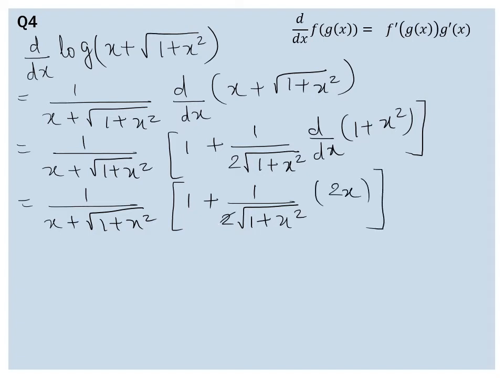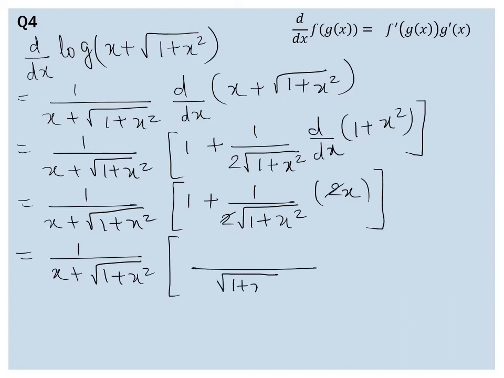So here itself this 2 will get cancelled and we'll have x upon root of 1 plus x square. So 1 upon x plus root of 1 plus x square, and here we solve the bracket by taking the denominator as root of 1 plus x square.